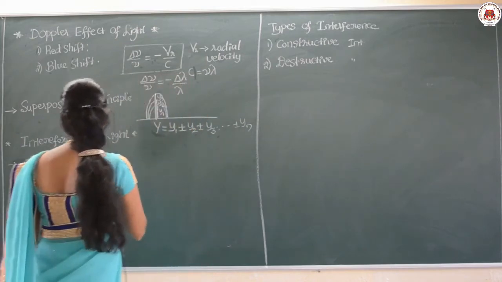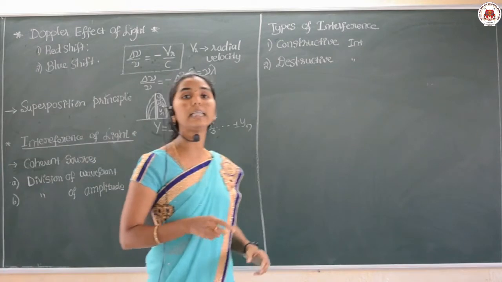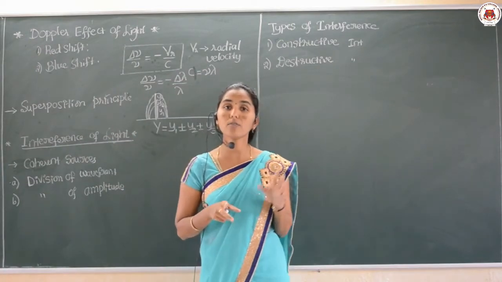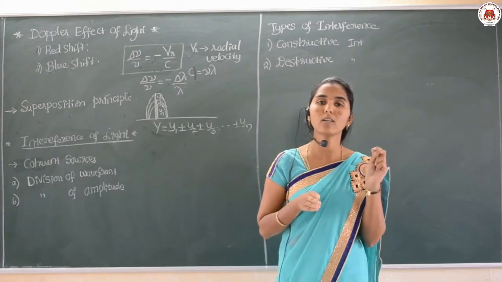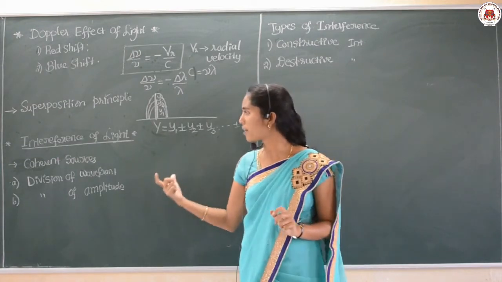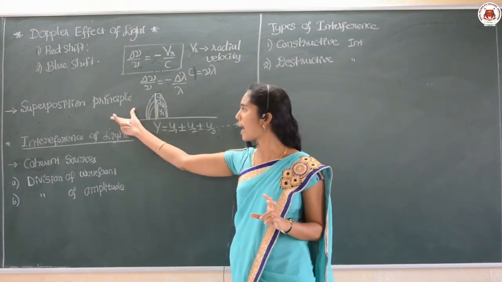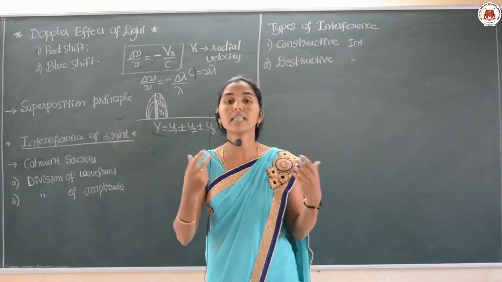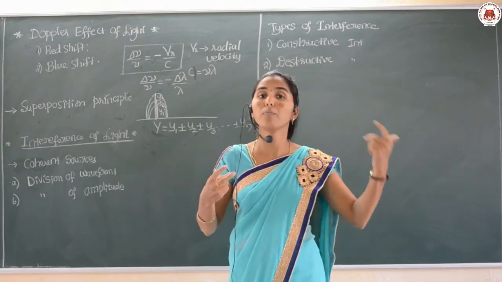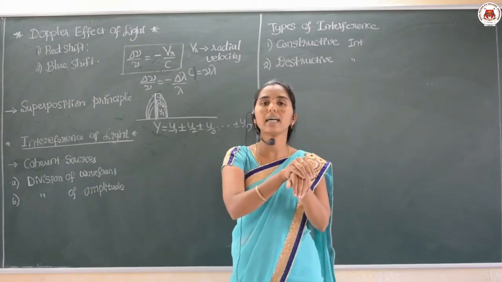Then let us talk about the interference of light. What is interference? It is the first phenomenon related to the wave nature of light. Interference means, during superposition, there is a chance for two or more light waves to superimpose each other.